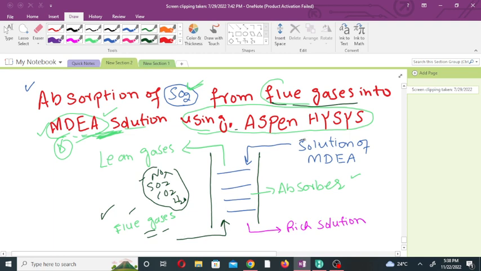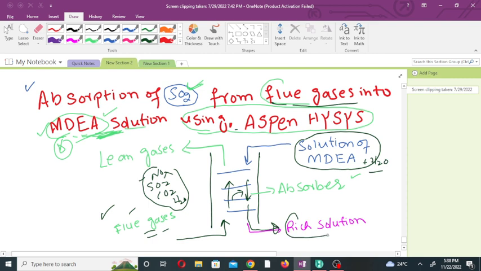The clean solution of methyl diethanol amine plus water is coming from the top and the flue gases are coming from the bottom. The sulfur dioxide gas will be absorbed from the flue gases into the methyl diethanol amine solution, and the absorbed sulfur dioxide will then come out from the bottom of the column.